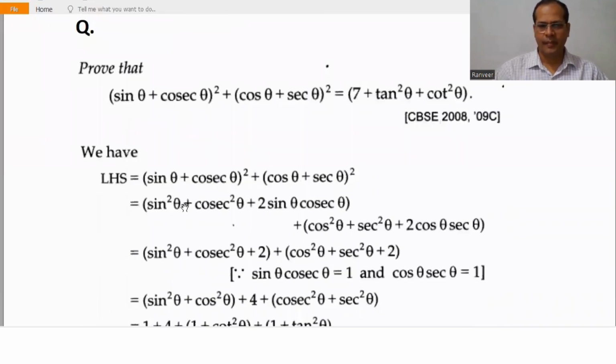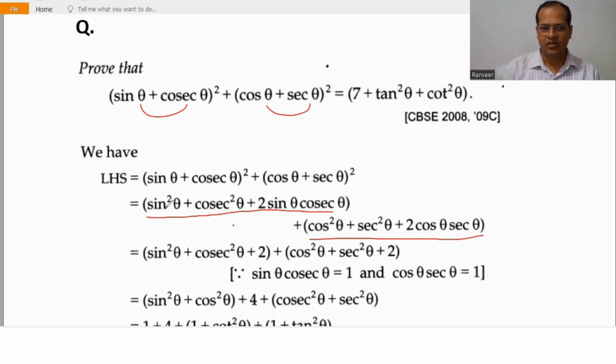Now, this question is very, very important. Here sin theta, cosec theta, that is nothing but the reciprocal value is given. So first of all, we have to expand this in a plus b whole square format. Here also we have to expand this. After that, we have to arrange the terms. So sin square theta, cosec square theta, and this will cancel because they are reciprocal to each other.